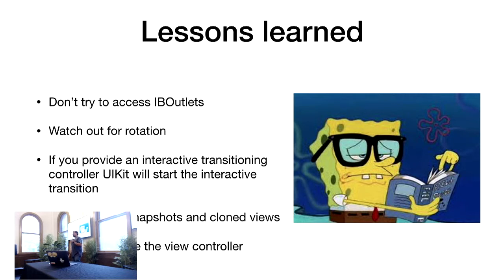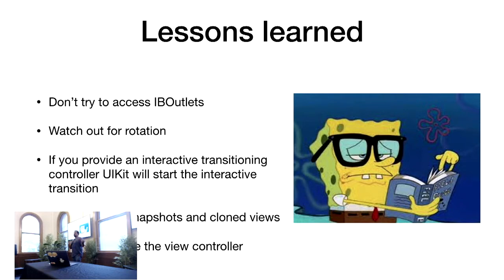When we are providing this interactive transitioning, the moment you give it to UIKit through this transitioning delegate, UIKit will automatically start that interactive transition, whether you actually started with the finger, with the gesture recognizer, or not. Which means if you hit the go back button, it will start an interactive transition and will get all confused because there's no progress being reported.